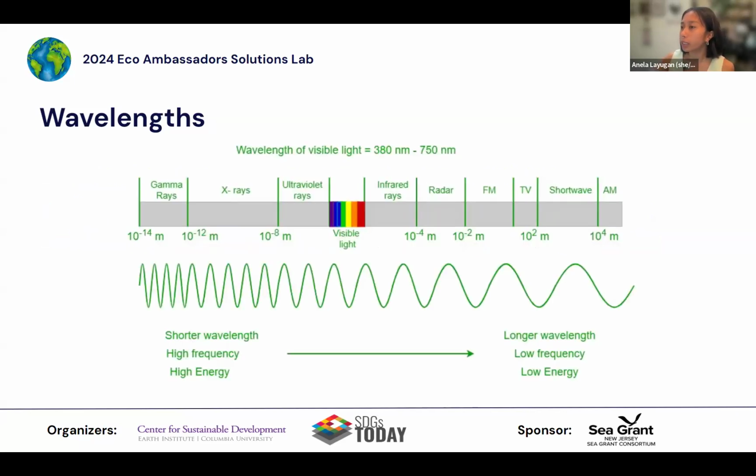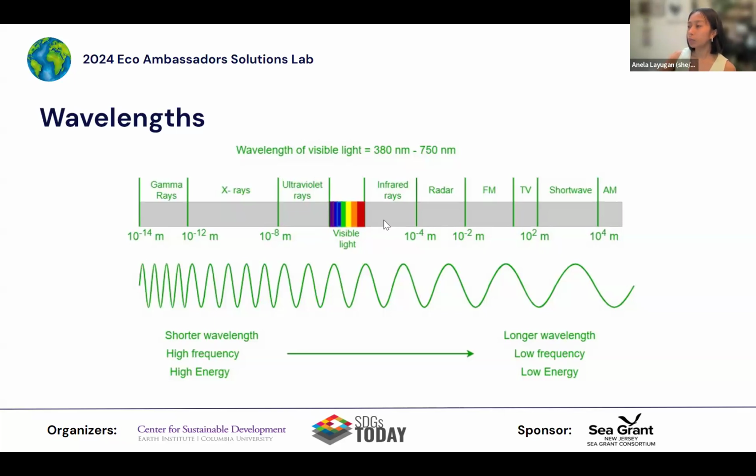This is a graph of the different kinds of wavelengths of energy. It goes from short wavelengths to longer wavelengths. Right in the middle is visible light, the energy that we can see. These are the different colors. You might have heard that butterflies or bees and other insects can see other wavelengths. That's what people are talking about when they mention that.